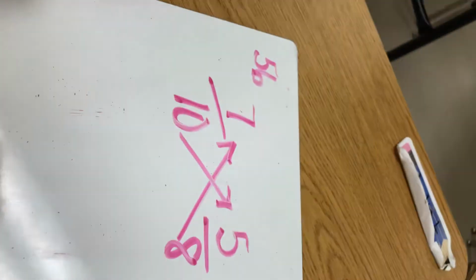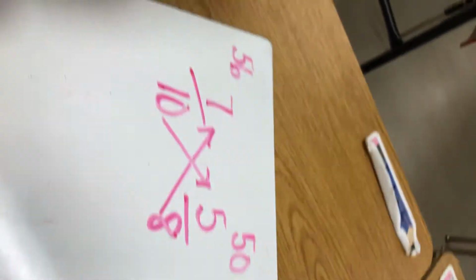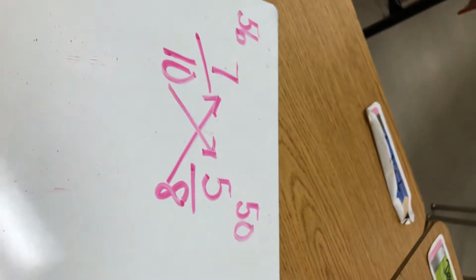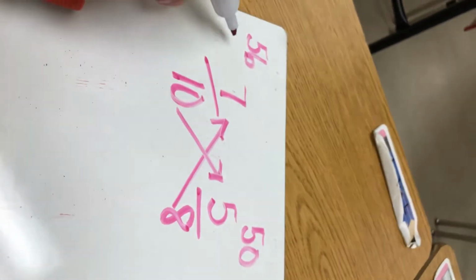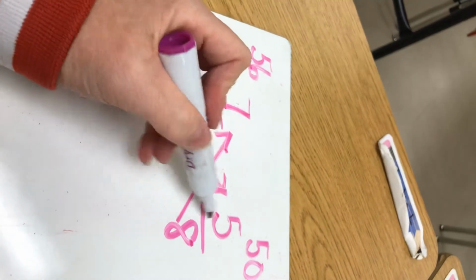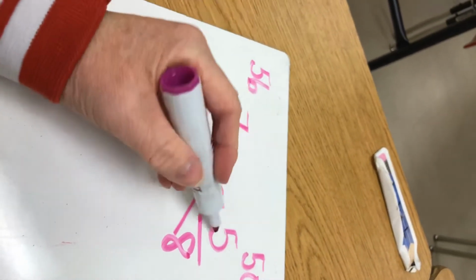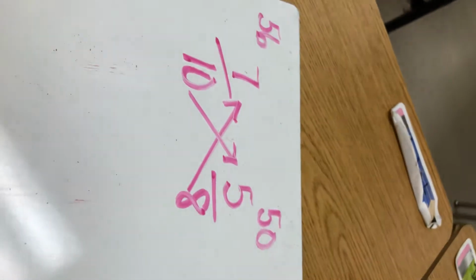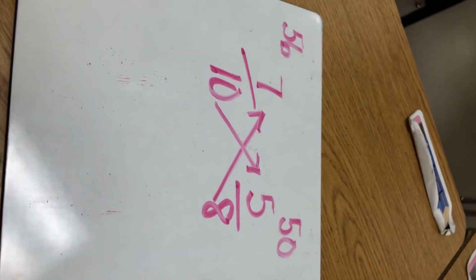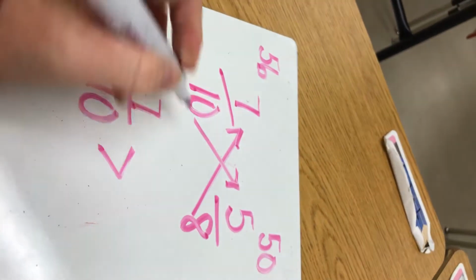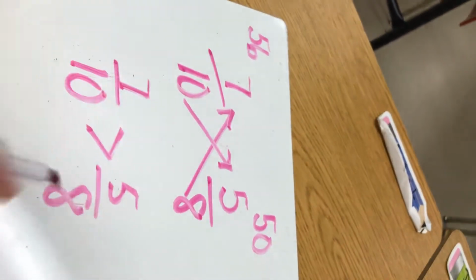And we go that way, that's going to be 50. And 56 and 50, well, that one's pretty close. You know what's kind of cool about that is, when I was telling you, the closer the number is from the top to the bottom, well, these are both 3 away. So that means I'm going to have to cross multiply to make sure I know that for sure. So anyway, 7/10 is greater than 5/8.